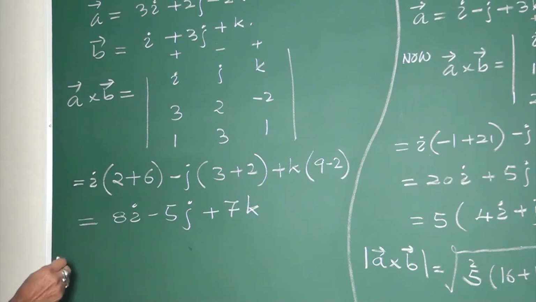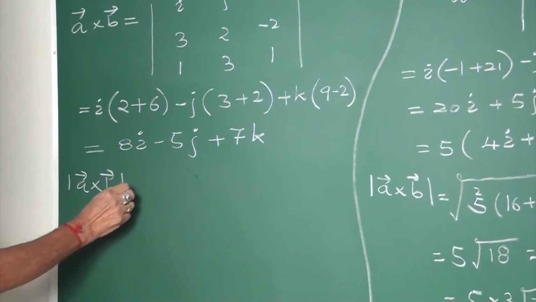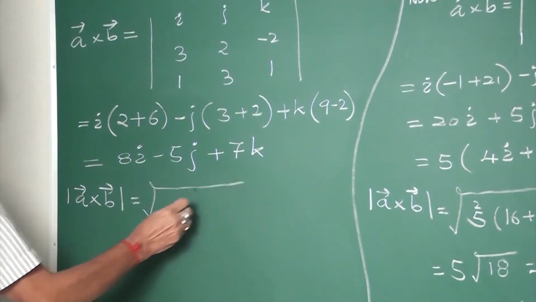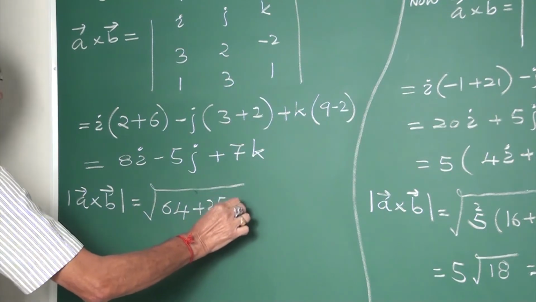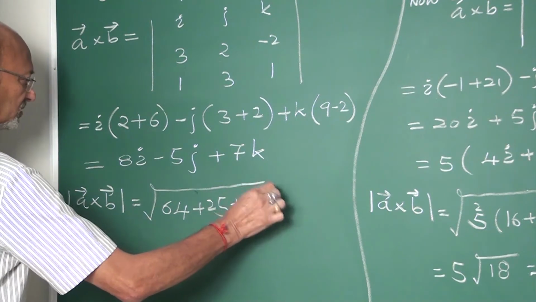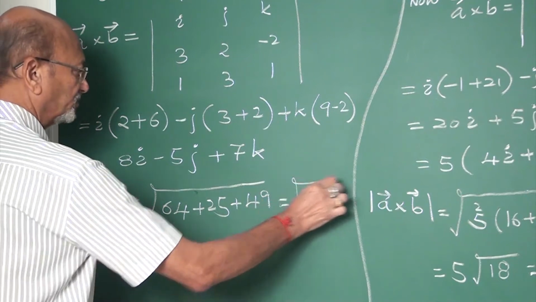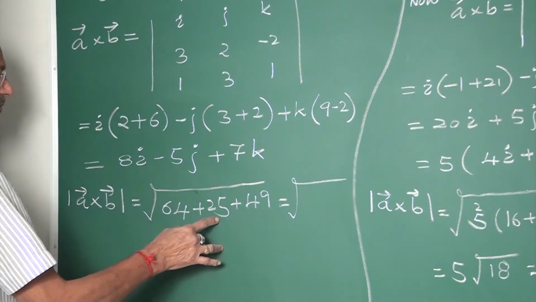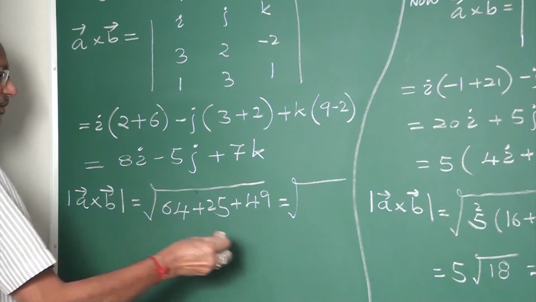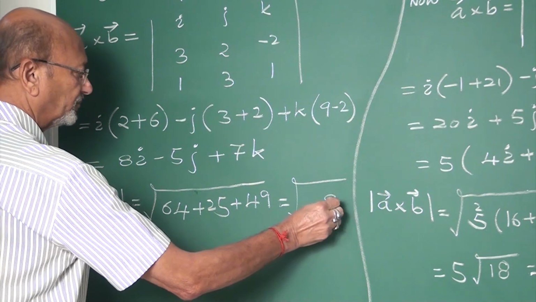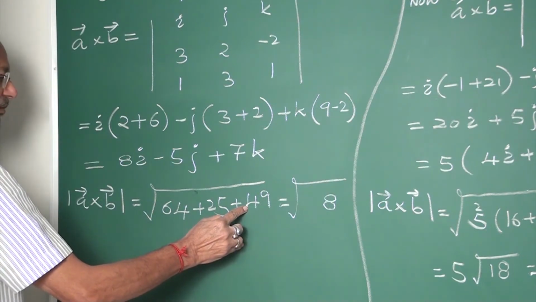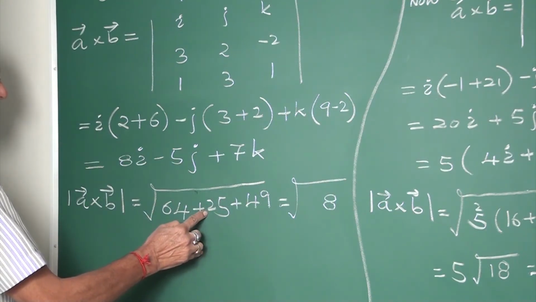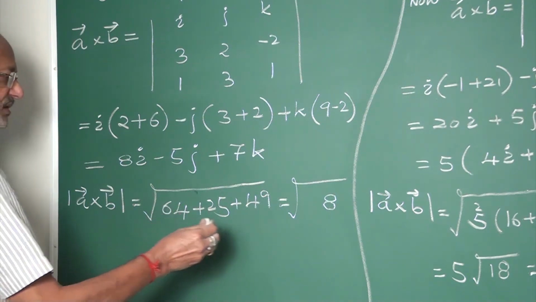So this is A cross B. We wanted the magnitude of A cross B, which is the square root of 8 squared plus minus 5 squared plus 7 squared. It is the square root of 64 plus 25, 89, plus 49, 138.